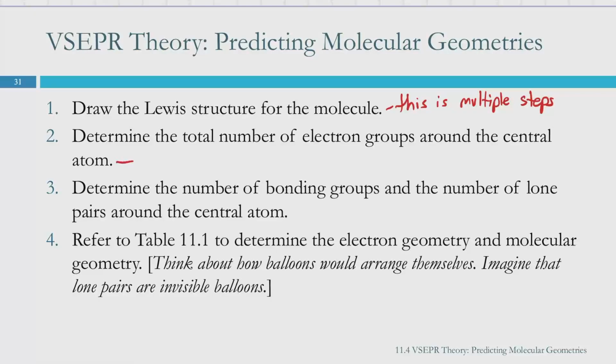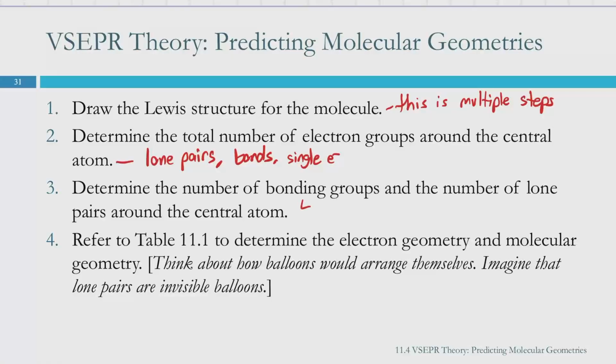Then we want to count up the total number of electron groups. Lone pairs, bonds of any multiplicity, single, double, triple bonds. Single electrons will also count. I don't think that we see those in any of our examples.